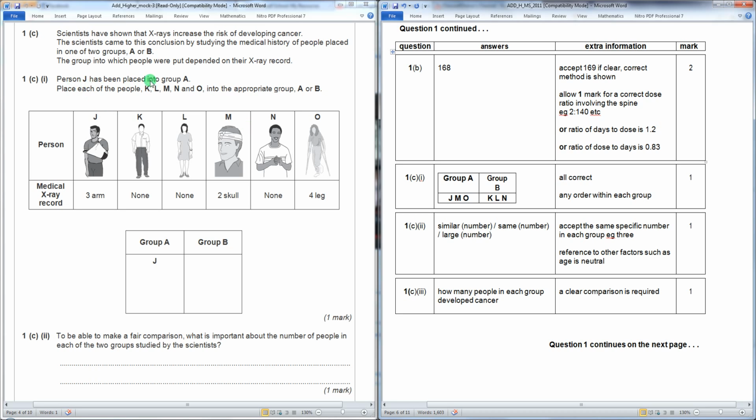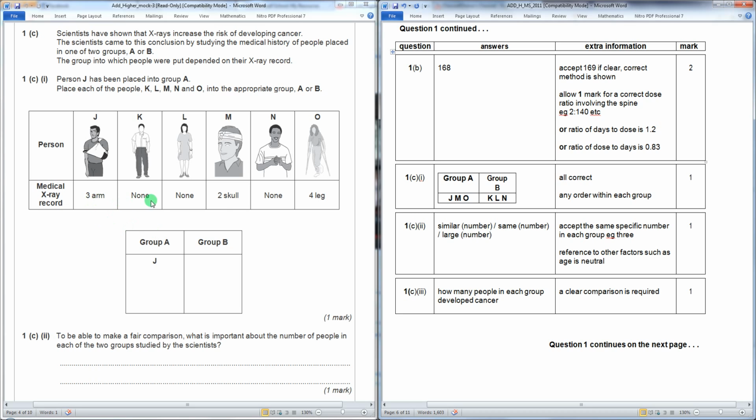It says person J has been placed into group A. Place each of the people K, L, M, N and O in the appropriate group A or B. Now because you know it's to do with their x-ray record, you need to look at the similarities and differences between the people to put them into the two groups. So, person J here has had 3 arm x-rays and he's been put in group A. So probably the other people in group A are going to be the people with a large number of x-rays or some x-rays.